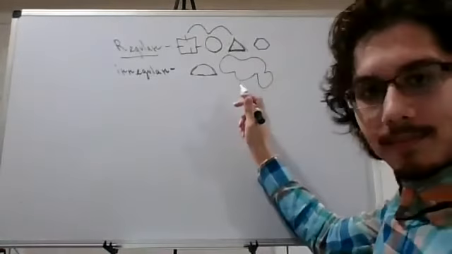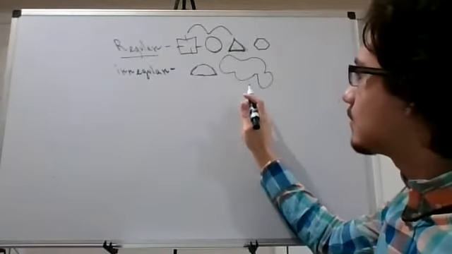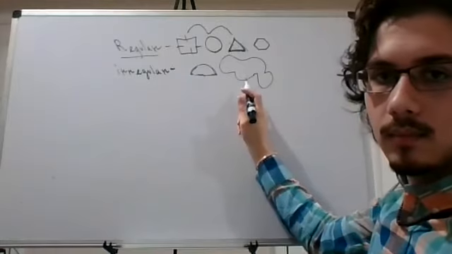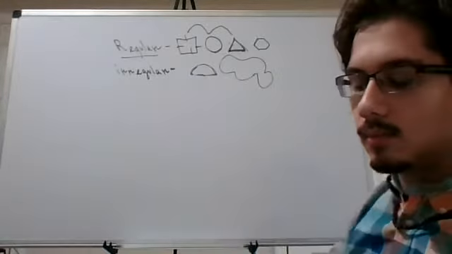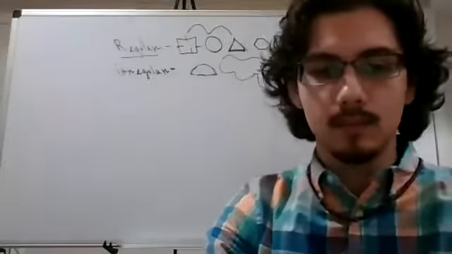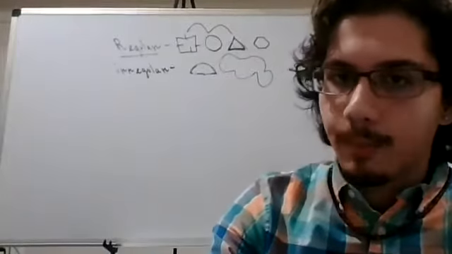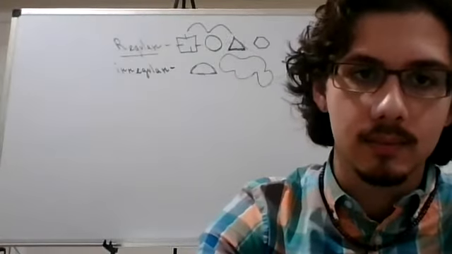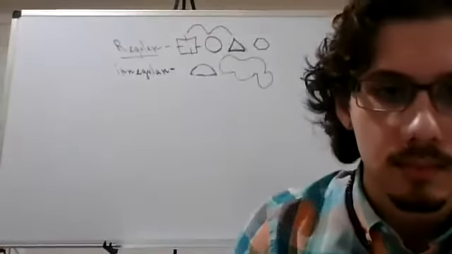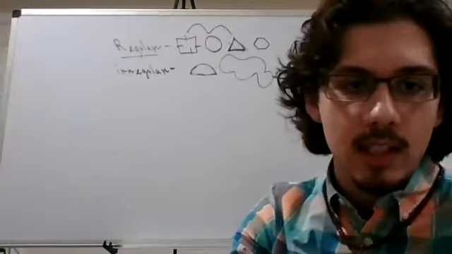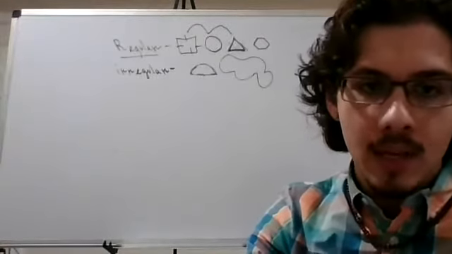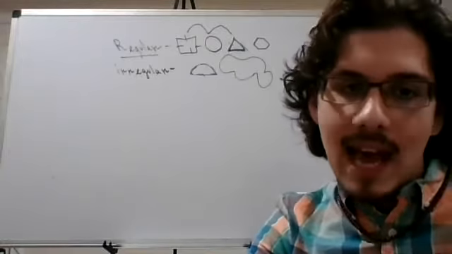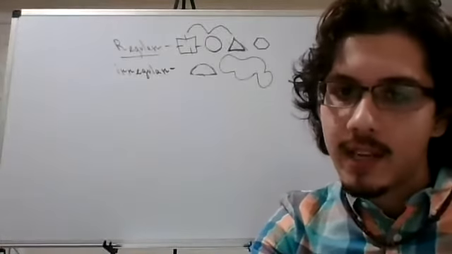Is this a shape? I don't think so, sir. Okay. Well, let's look up the exact definition of shape. So a shape refers to the outline of an area or a figure.